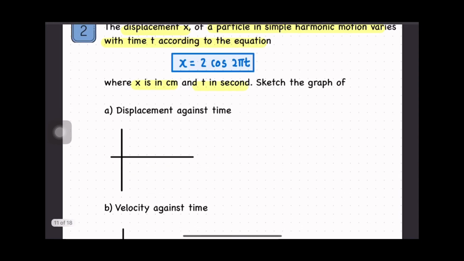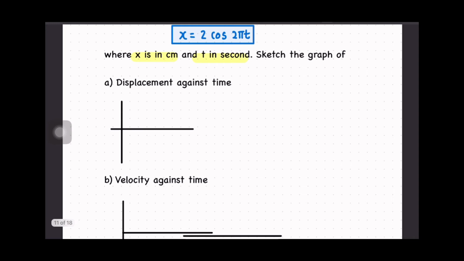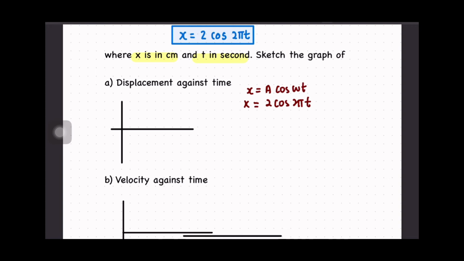So given first is x, the displacement equation. x equal to 2 cos 2 pi t. As you know, when comparing with the equation, we get that 2 is the amplitude and omega is 2 pi. So you can determine the period, 2 pi over omega.